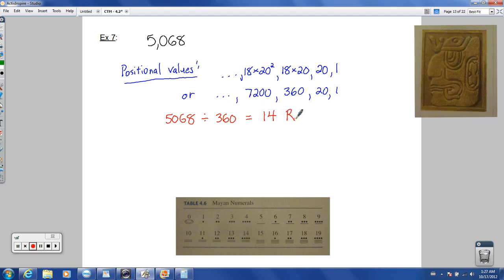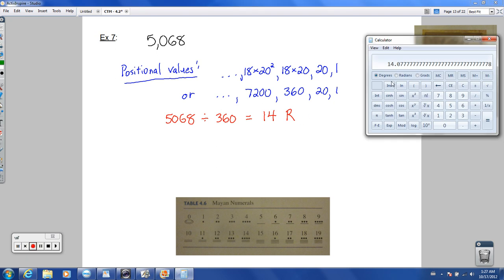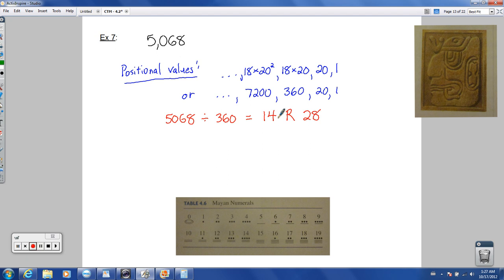There's 14 with a remainder. Let's work that out. Take 5,068, subtract 14 times 360. So what's left over? You have 28 left over. So this is 14 with a remainder of 28.